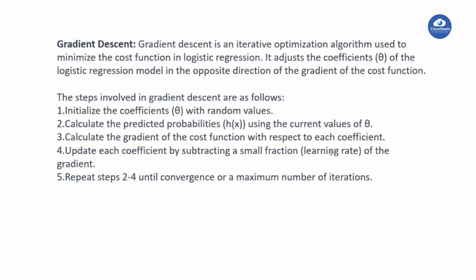Minima means we can't reduce the cost function more than that. If the client says we can accept this much error, like 0.4 or 0.6, we'll try to minimize the cost function to that acceptable value. Then we'll leave it. So gradient descent reduces the cost function till the minima or till the acceptable value.